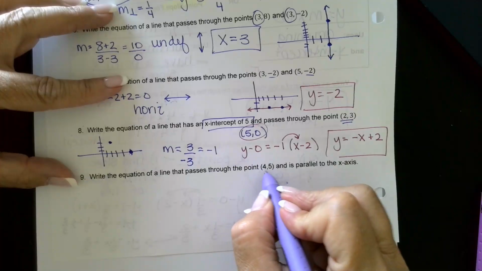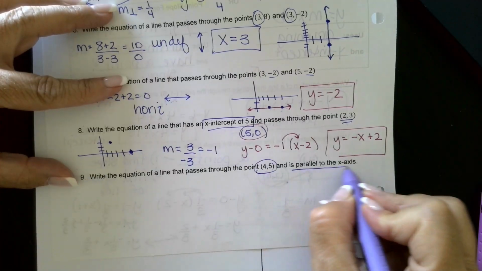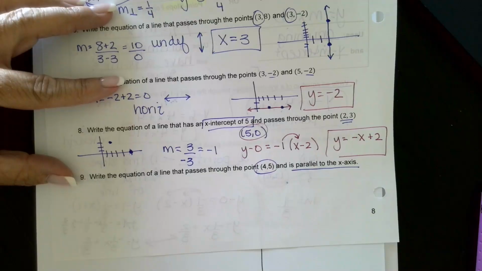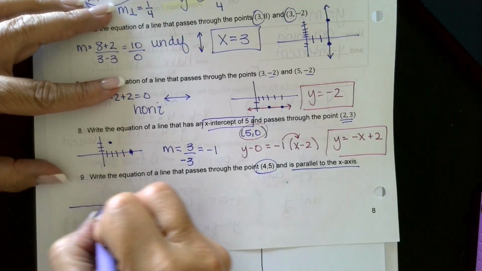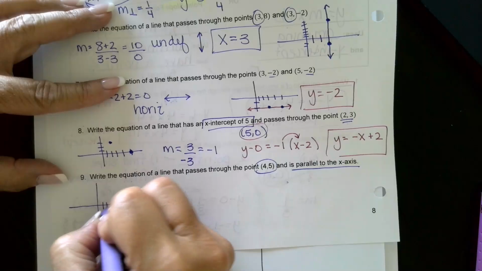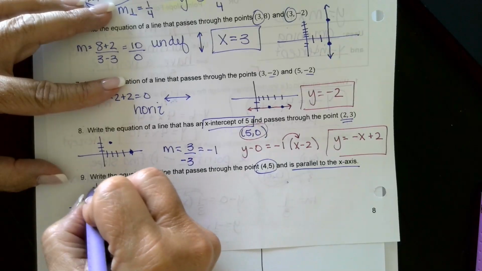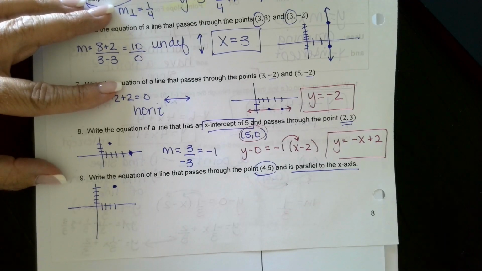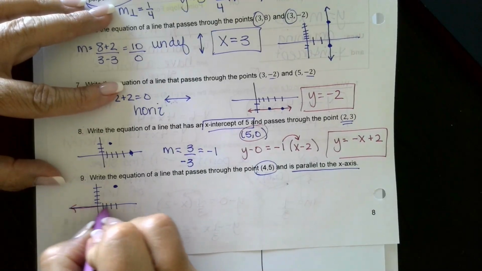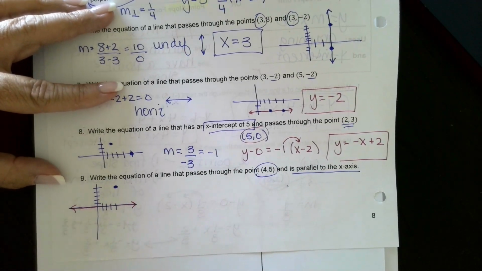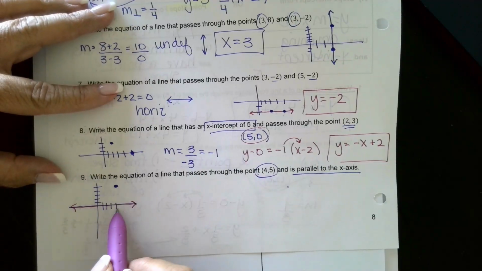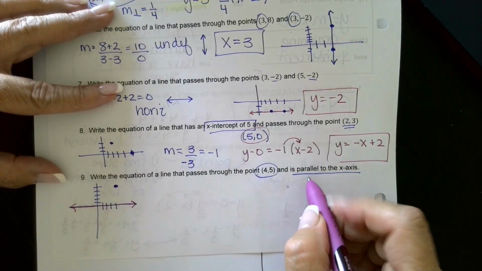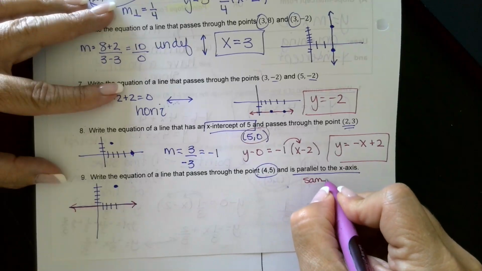So I have a point, and it says it's parallel to the x-axis. So let's look at this and see what we have. I'm going to draw this out here. So I have this point 1, 2, 3, 4, 1, 2, 3, 4, 5. I have this point that's right here. And what I want is a line that's parallel to the x-axis. So here's my x-axis right here. And I want a line that's going to go through this point, but it's parallel. So if it's parallel, it has to have the same slope.